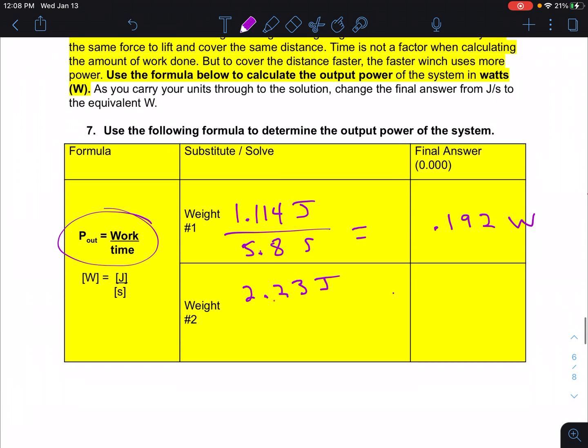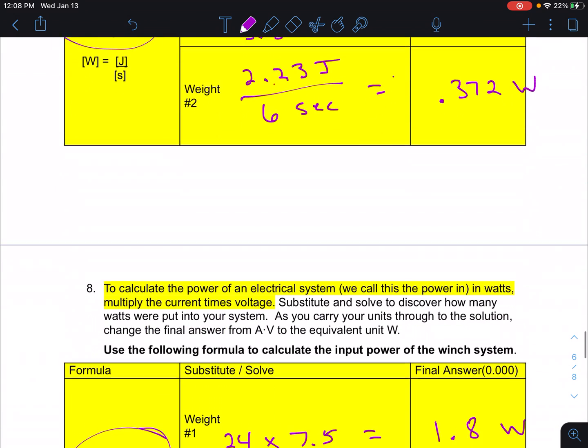Bring that down right here, the amount of joules divided by the amount of time. And again, this is taken right off that data table, 6 seconds. So you're going to be looking up those numbers on the data table every time to make sure you get the right amount of time, because that time is going to change with every one of the weights. And we get 0.372 watts. That's our power out of the winch.